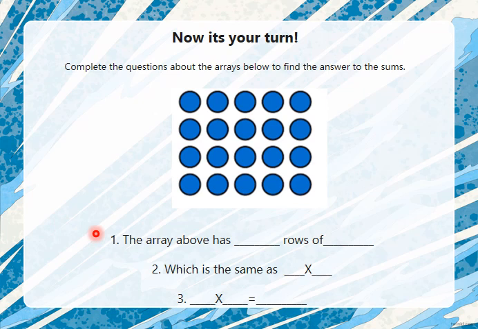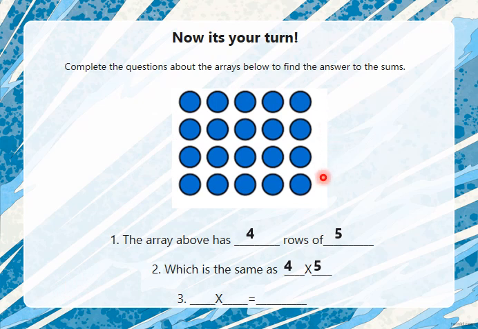Question number 1. Let's look at how many rows are in this array. 1, 2, 3, 4. We have 4 rows of 1, 2, 3, 4, 5. 4 rows of 5. 4 rows of 5 represented as a times table is 4 times 5.